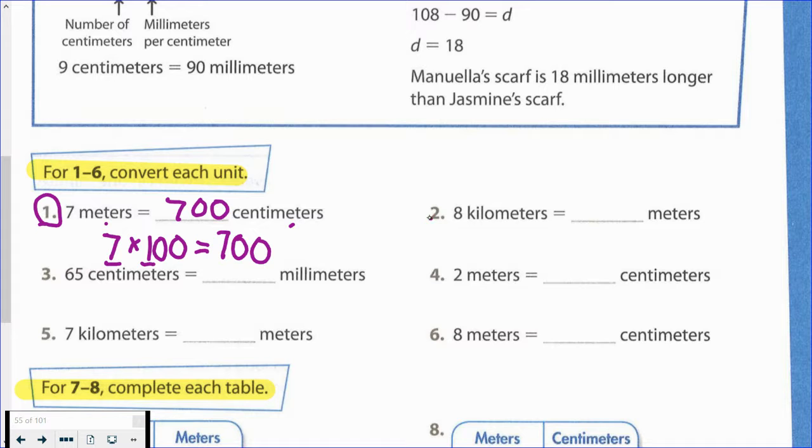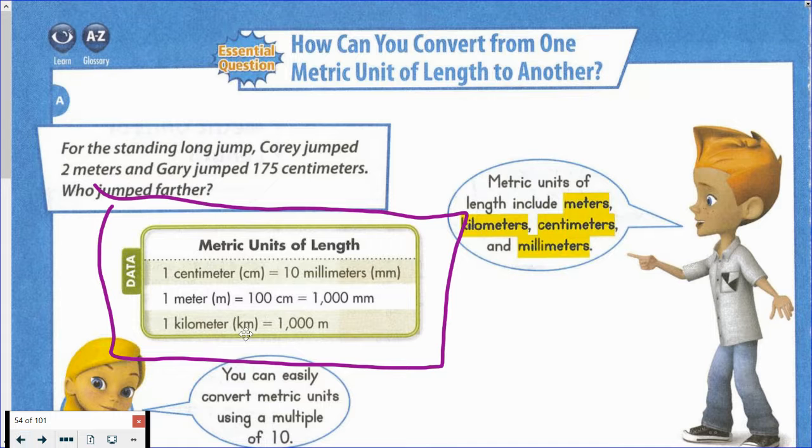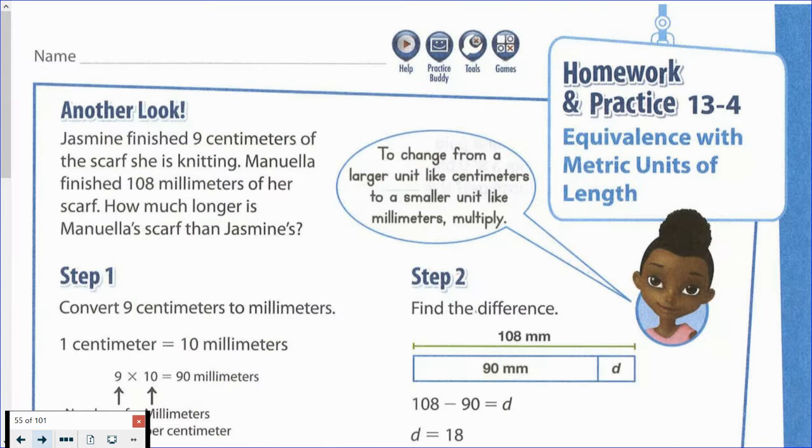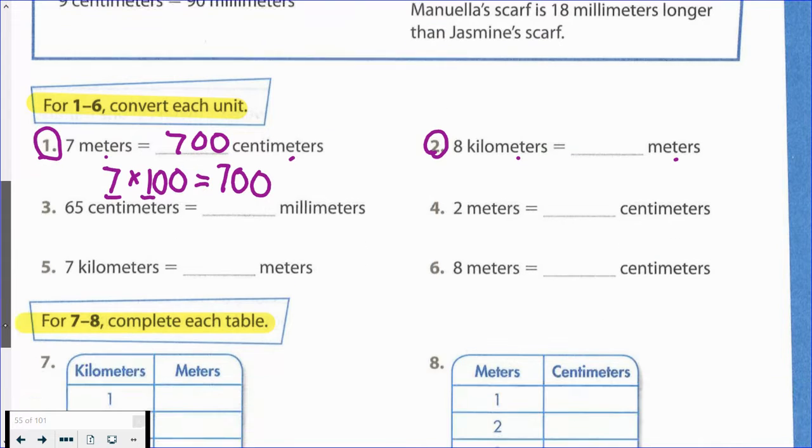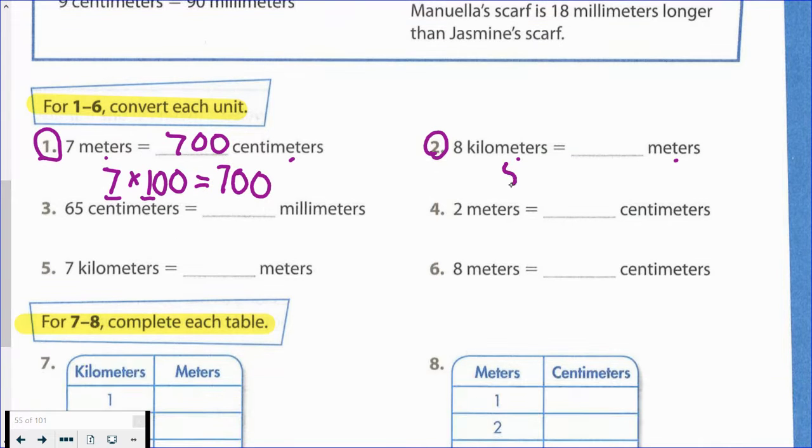Okay, let's look at number 2 together. We're going from kilometers, that's that distance that you would need to drive or run, a very large distance, to meters. Okay, here's what we know. Go back to the conversions chart. 1 kilometer has 1,000 meters. Okay, so we have 8 kilometers.